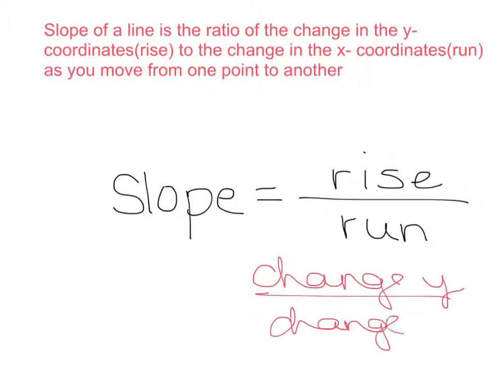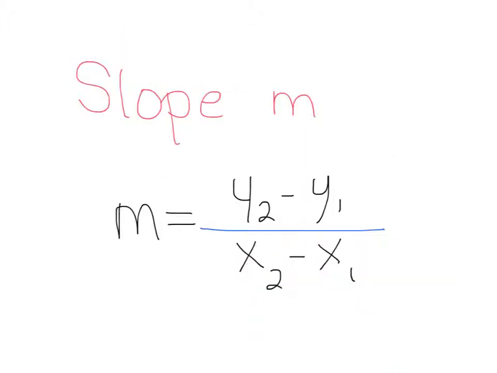All of those fractions or numbers that we were getting from our graphs and our functions were the slope of the particular line. So when you're given a line, you can determine the slope by looking at a set of coordinate points. You take y2 minus y1 over x2 minus x1. And we'll do a few of those examples in a moment.